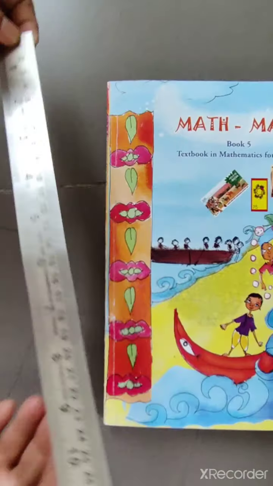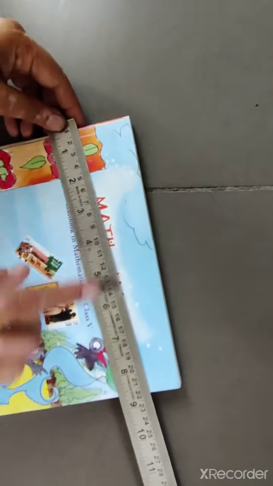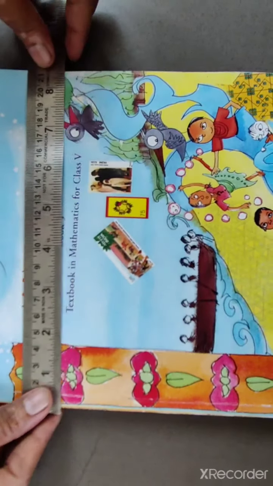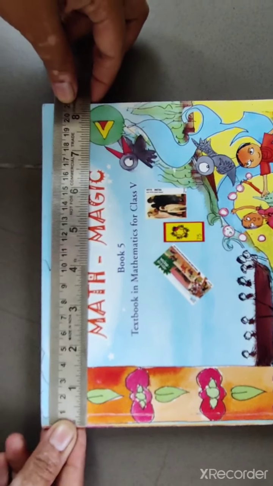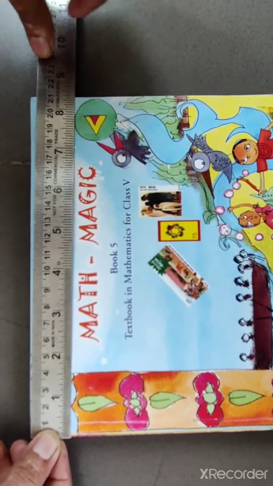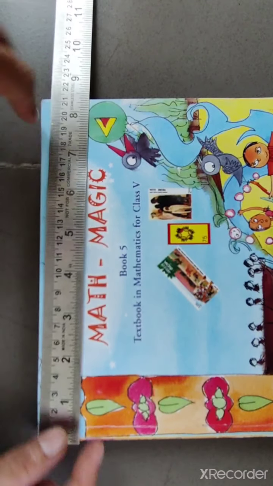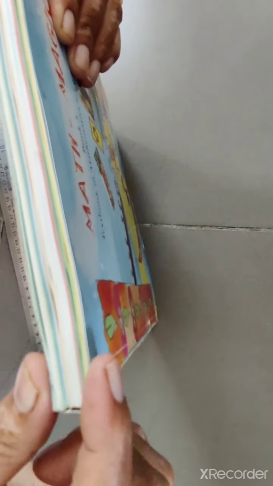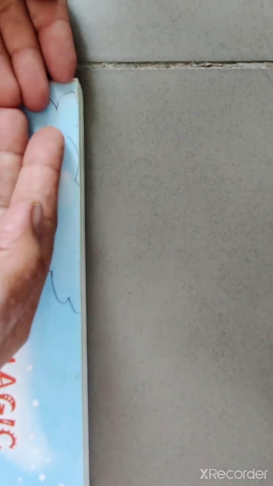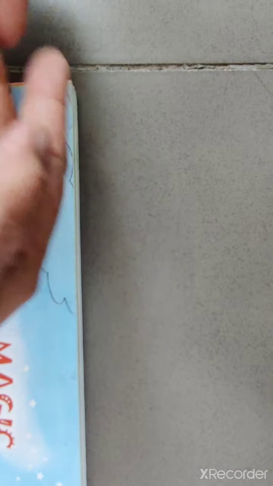That is the length, and then we are going to take the width of the textbook. So this is the width of the textbook, and the width is, you could see, 21 centimeter. Okay, now we are going to see the height. When you keep it on the floor, the height is when it is raising up.